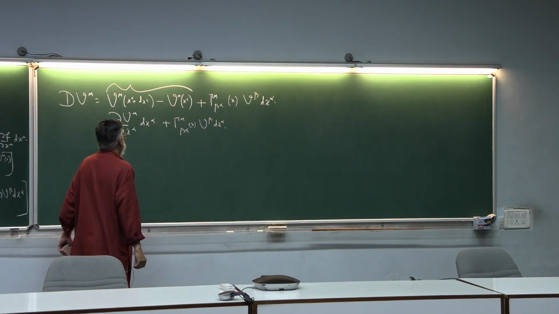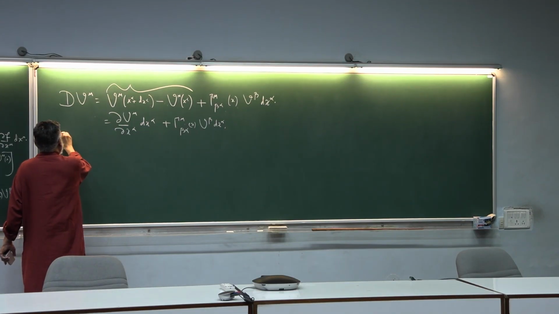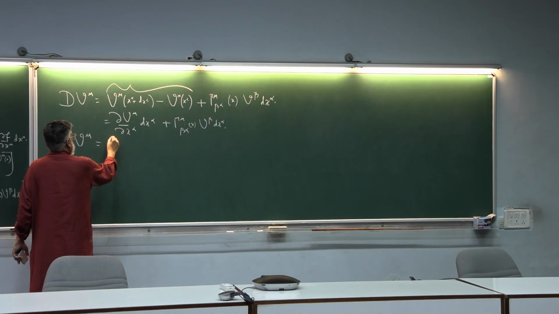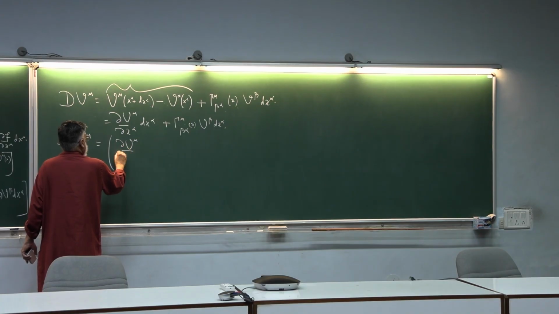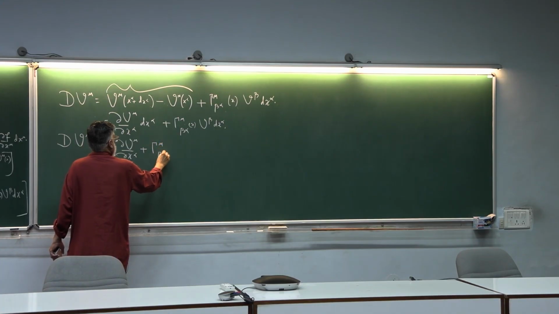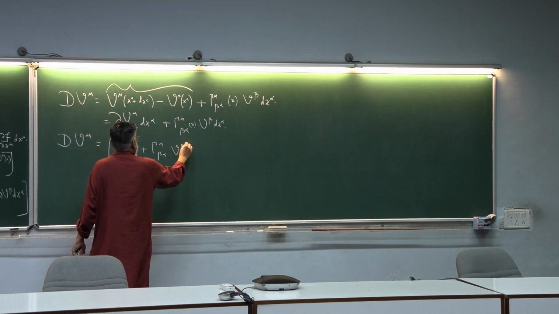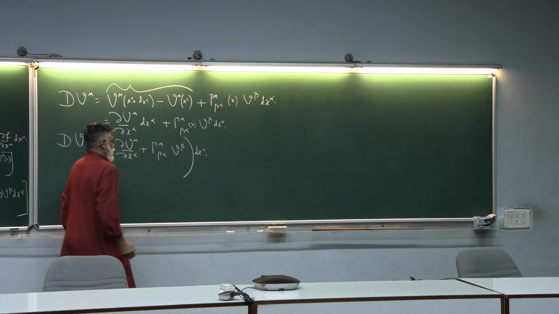Now dx alpha can be taken common, and we have got the result that D v mu is dx alpha.